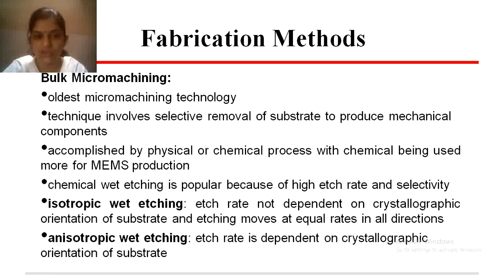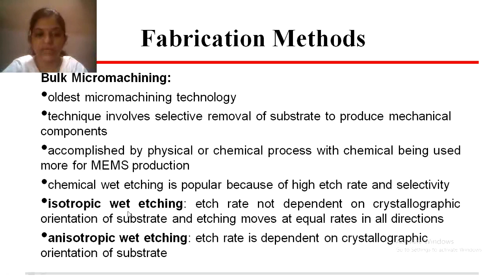It involves the relatively selective removal of substrate to produce mechanical components. Here it is completed by a physical or chemical process, with chemical being used more for MEMS production. Chemical wet etching is popular because of its high etch rate and selectivity compared to dry etching.